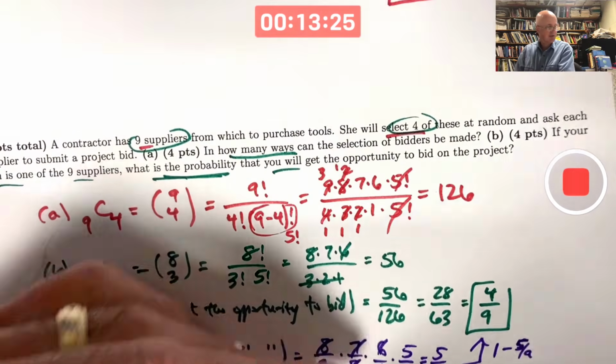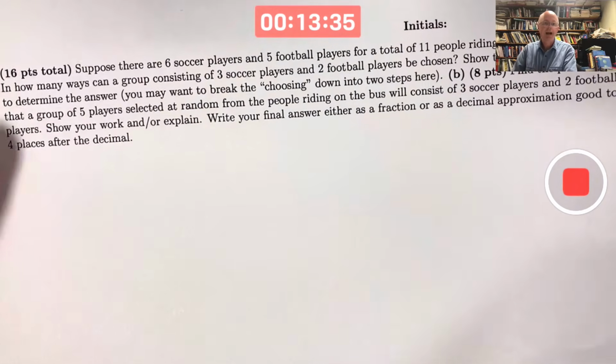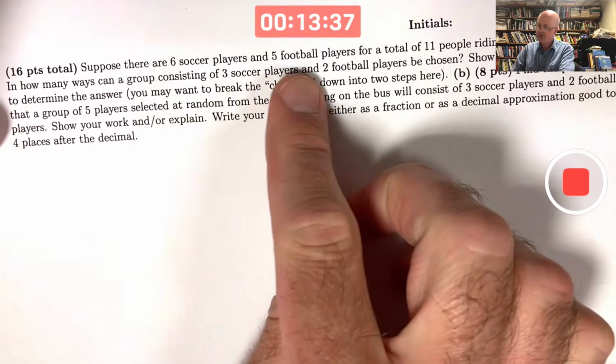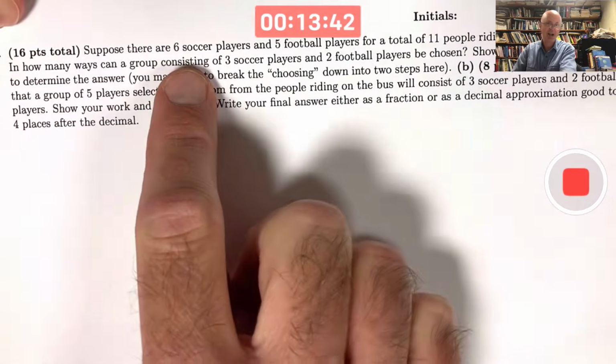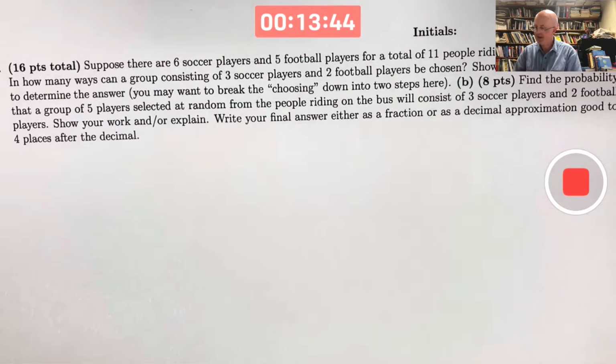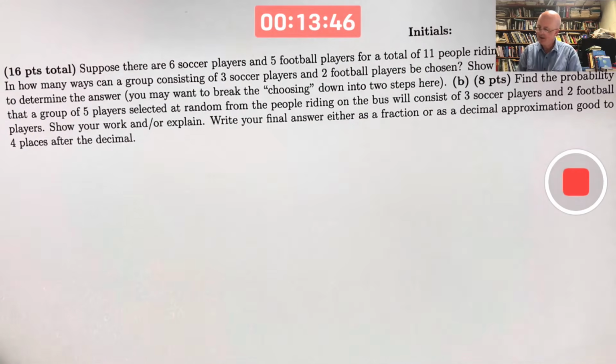All right, we're on to the next problem, which is also combinatorial. I feel like you can never get quite enough practice with these combinatorial problems. We've got 6 soccer players and 5 football players. Okay, I am in the United States of America, and to us, soccer is what everybody else calls football, and football is American football.